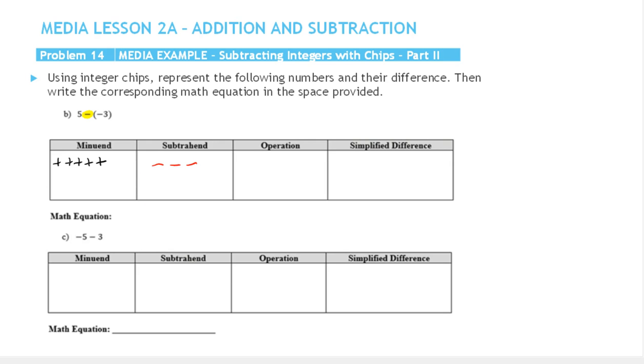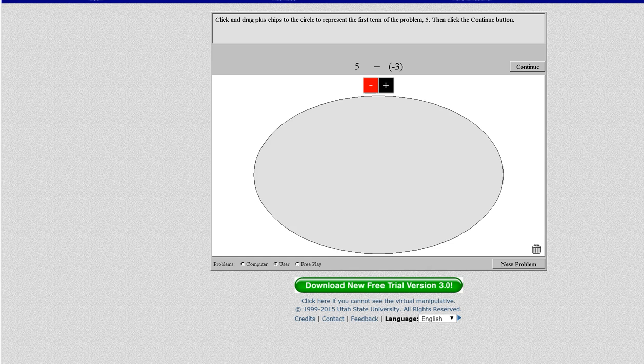And we'll go to the website to do so. So here I have 5 minus -3. So I'm going to start with my 5. And now I'm going to click continue. And now I want to take away -3. So I'm going to drag pairs of plus or minus chips until I have 3 negative chips to take away.